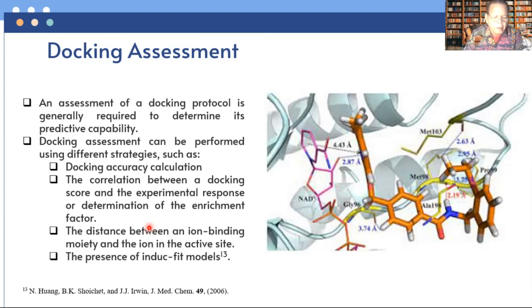A docking screen can also be evaluated by the enrichment of annotated ligands among a database of presumed non-binding decoy molecules. In this way, the success of a docking screen is evaluated by its capacity to enrich the small number of active compounds in the top rank of a screen from among a much greater number of decoy molecules in the database. Then the distance between an ion-binding moiety and the ion in the active site. The last is the presence of an inductive model.